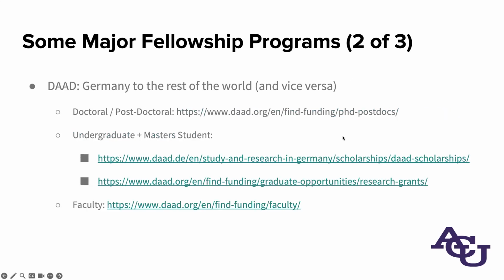The DAAD program is basically Germany's version of the Fulbright program. DAAD will take people from the rest of the world and bring them to Germany, and take people from Germany and send them to other programs. And one thing to know about the DAAD program is that you have different named opportunities based on the level that you are operating at, what degrees you have completed or are working on.